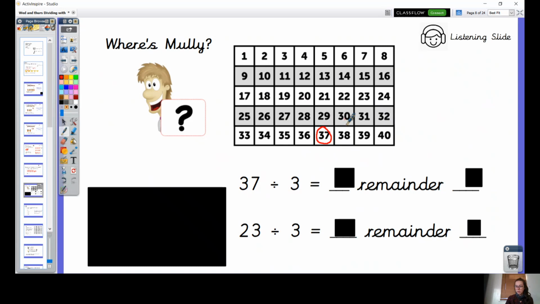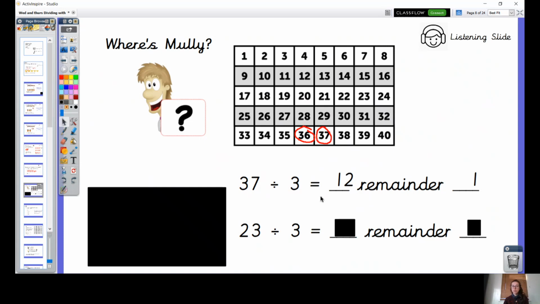Well, I know that 30 is 10 lots of 3, 30, 33, 36. That's my biggest multiple of 3 without going past 37. So therefore my answer, I know that 36 is 12 times 3. My answer is 12, remainder 1, because there was one more, wasn't there?